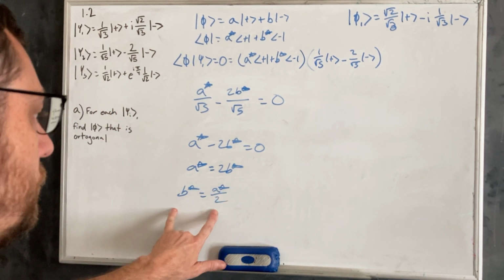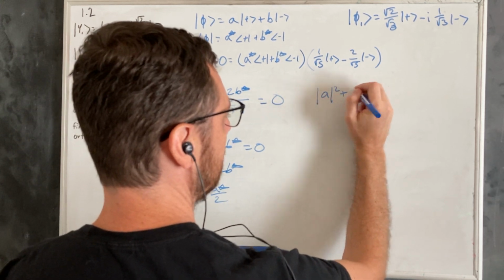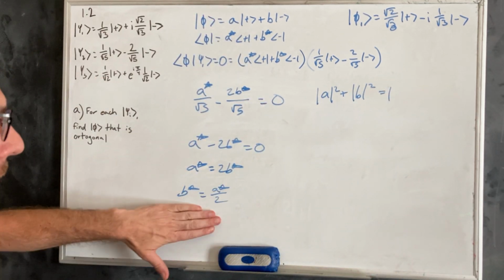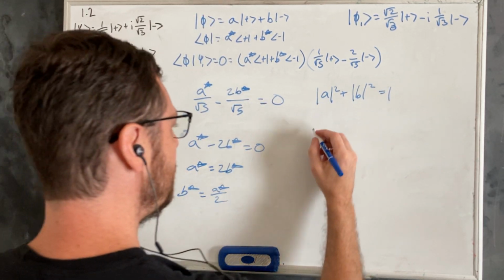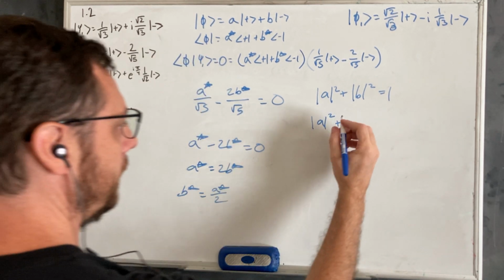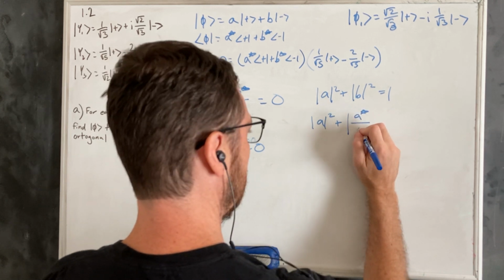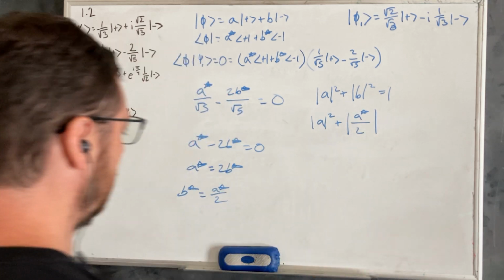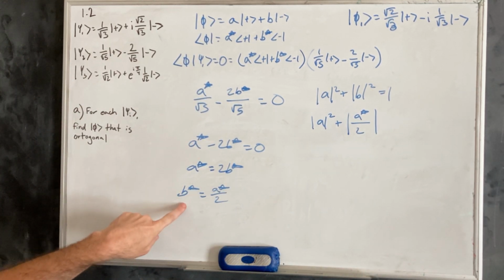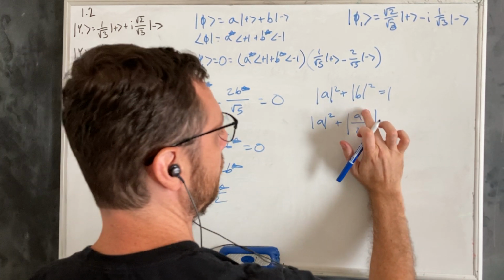All right, again, we have this relationship, and we want to normalize this. So we know that a squared plus b squared is equal to 1. We know we have our b star right here. So we have our a squared plus, and then our b is going to be a star over 2. Actually, this is b star. I kind of wrote this wrong. It doesn't really matter, but because this is b star and this should be b, we should complex conjugate this, which means this would just be a.